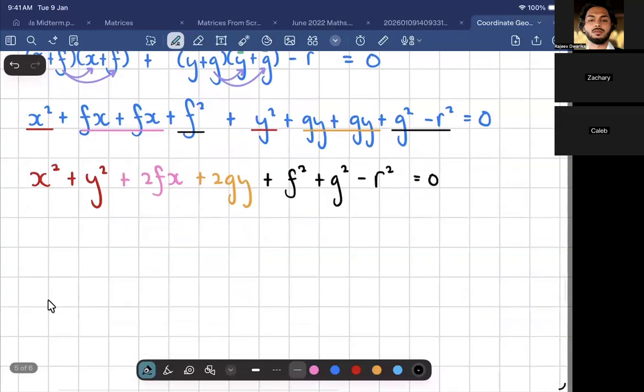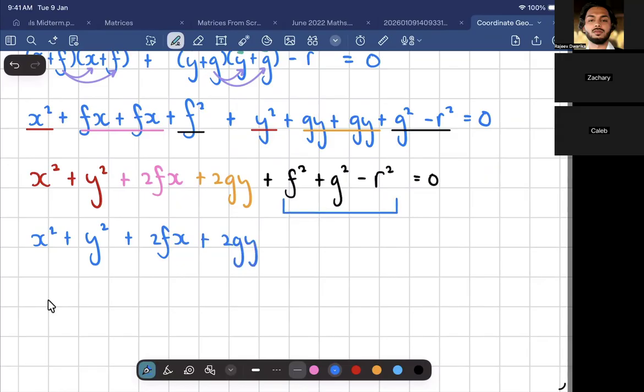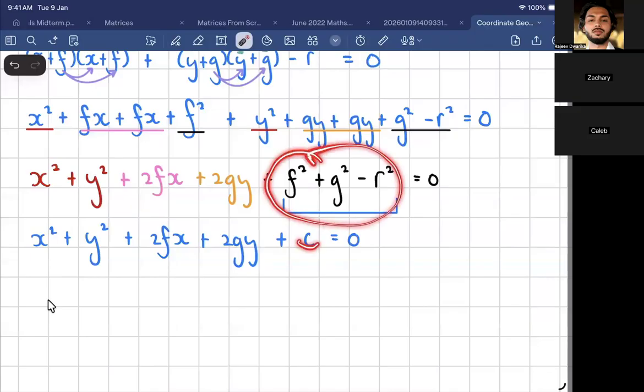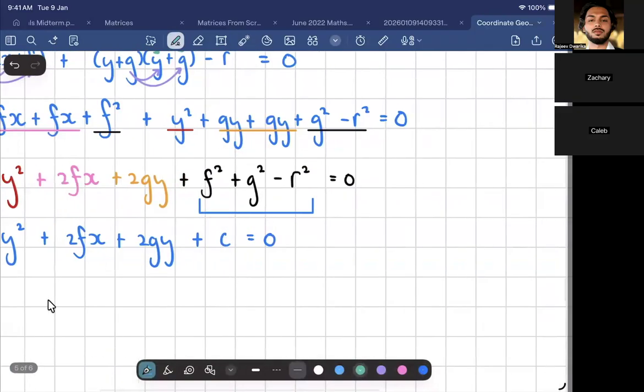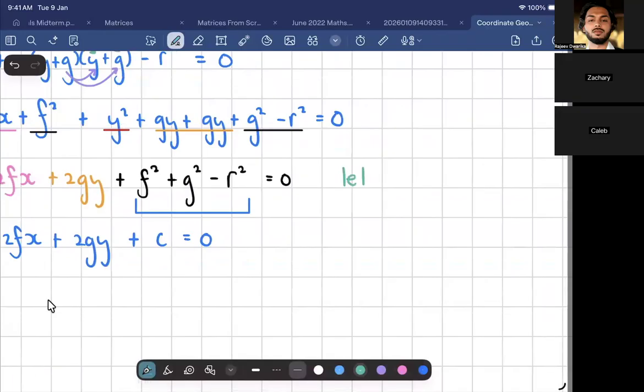We could simplify this entire thing by writing x squared plus y squared plus 2fx plus 2gy. And since all of these are constants, we could just say plus what? C. Caleb, since all of these are constants, you could simply call it C. So to go from that line to that line, you would say let C be equal to f squared plus g squared minus r squared.